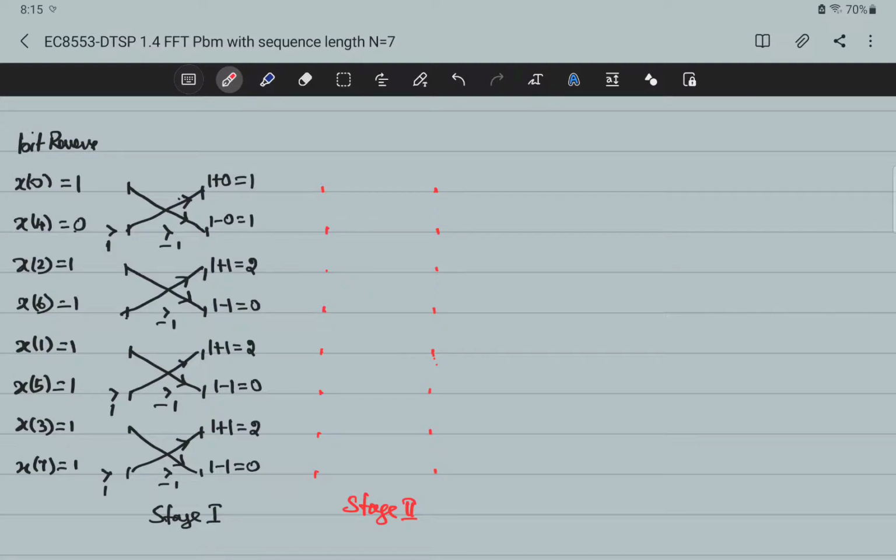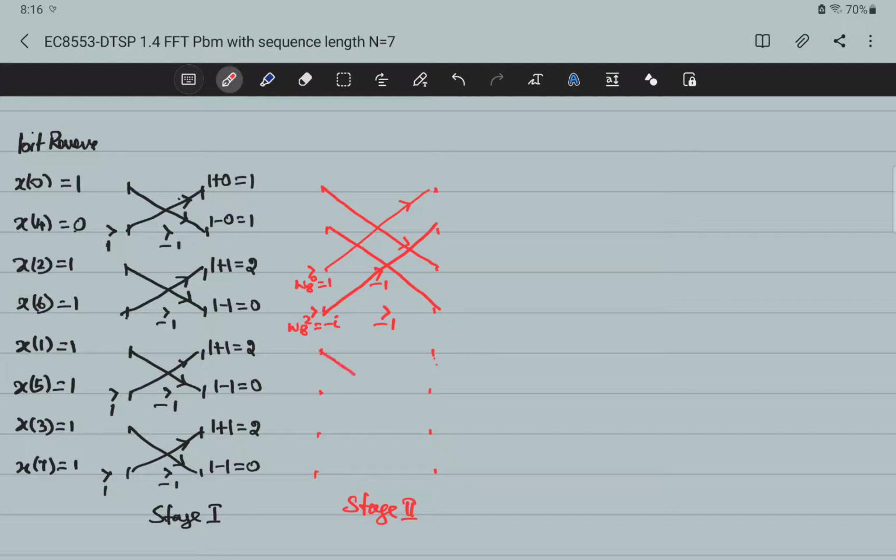So combine the first and the third line, then complete this butterfly diagram. -1, and the twiddle factor is W8 power 0, which is 1. And then you combine the second and fourth line, then -1. Twiddle factor is W8 power 2, which is -j.